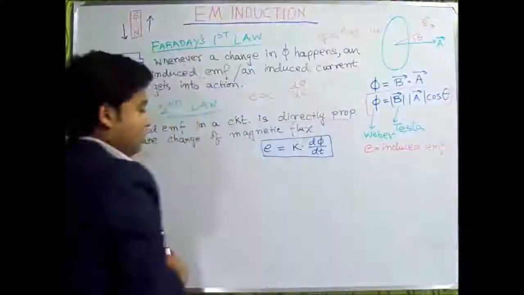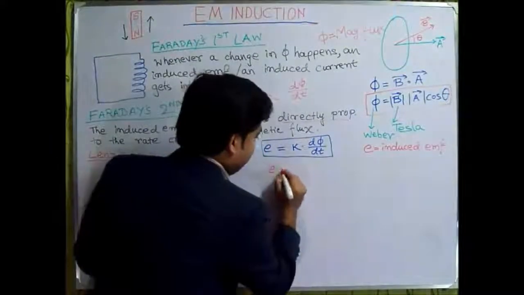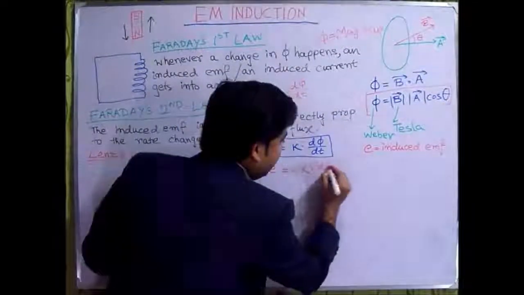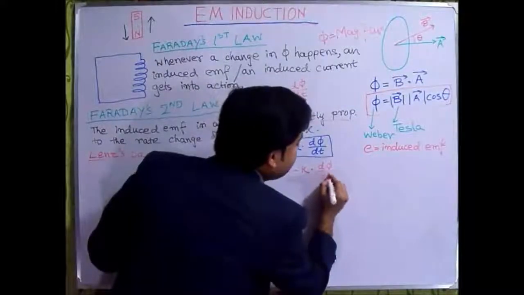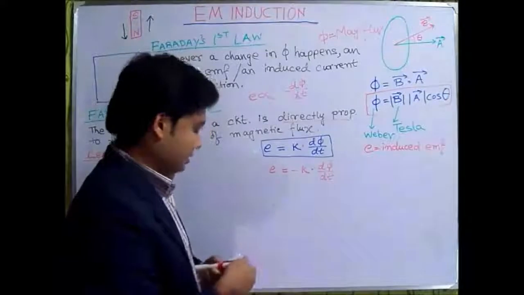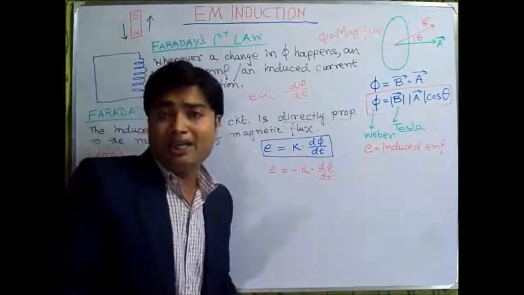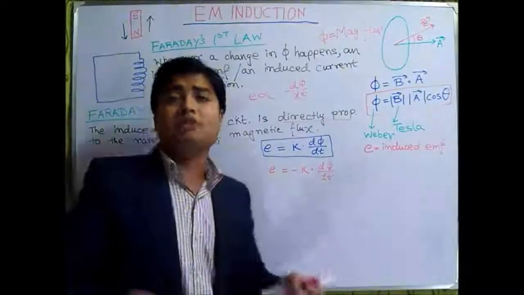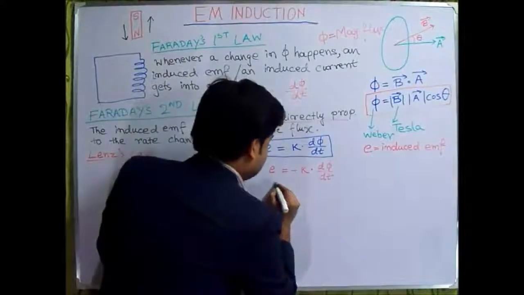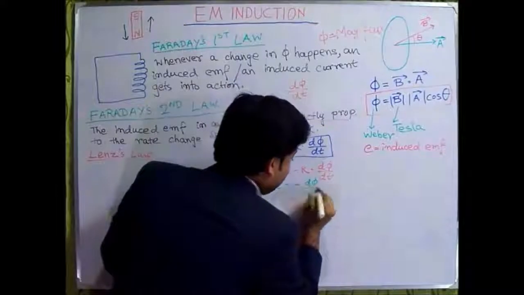So now this equation will be E equals minus k d phi by dt, right? And if we take the units in such a way that k becomes equal to 1, we can write the equation as E equals minus d phi by dt.